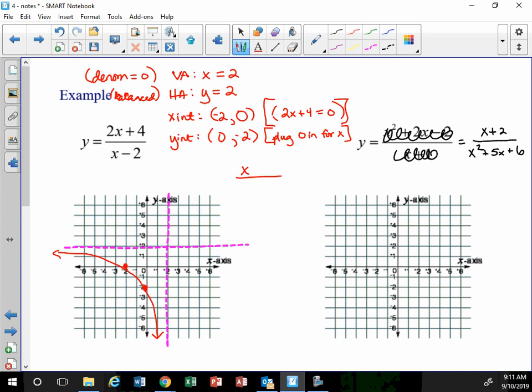Like, let's plug in, I don't know, 4 won't be too bad. I'm picking something past that asymptote. So if I plug a 4 in, what do I get in the numerator? 12 over 2, right? So that's really 6. So the point (4, 6). You guys see how that's in that little section?